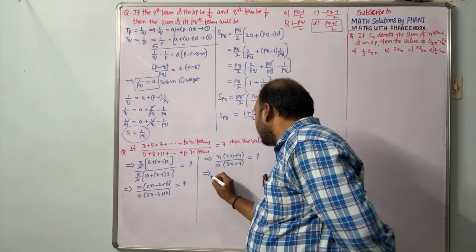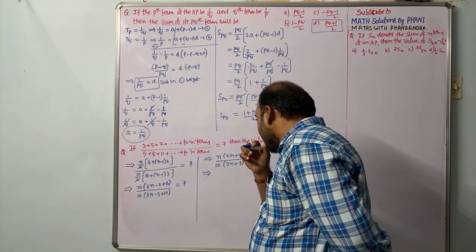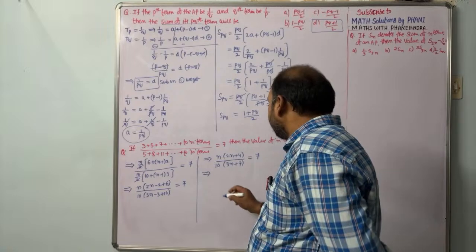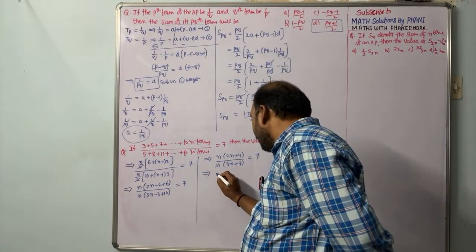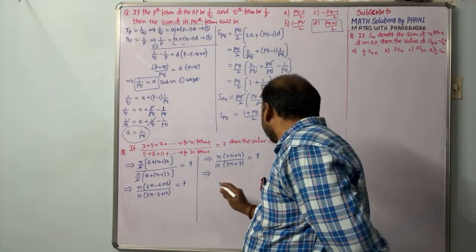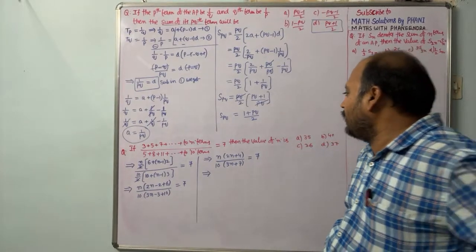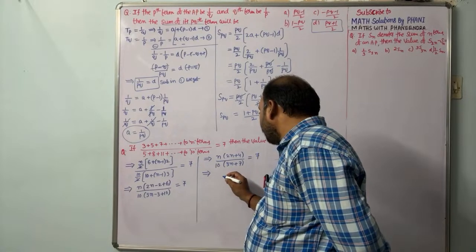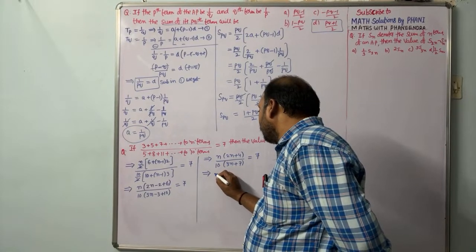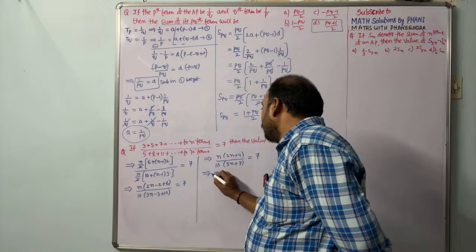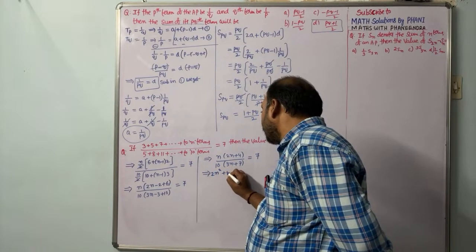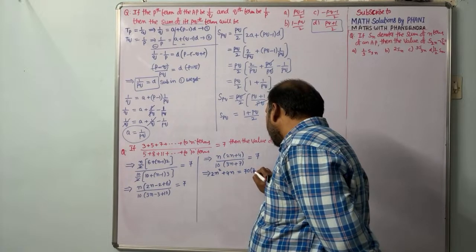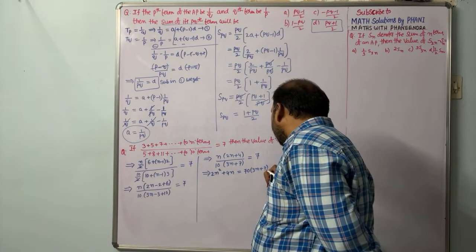Calculate. The n value is difficult to find, but we'll bring it into that form. 2n square plus 4n equal to 70 into (3n plus 7).